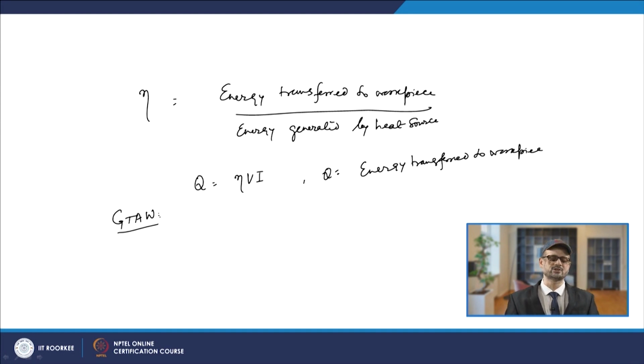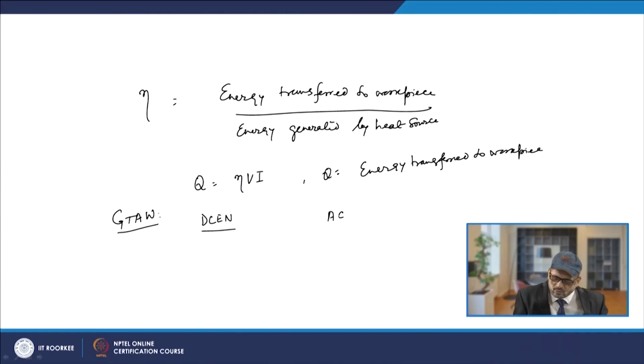In this case we can use DCEN, that is electrode negative and work positive, because as we know, whichever is connected to the positive terminal, two-thirds of the heat is generated there. This is for the direct current supply.